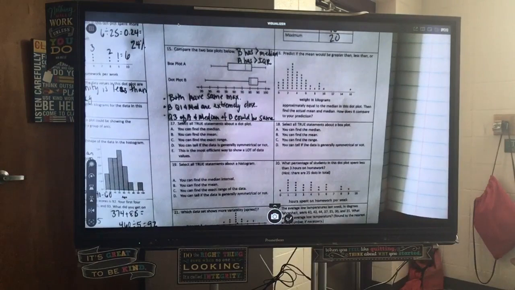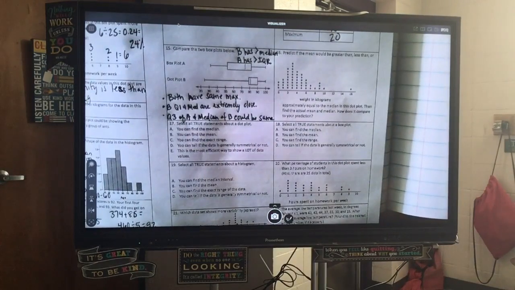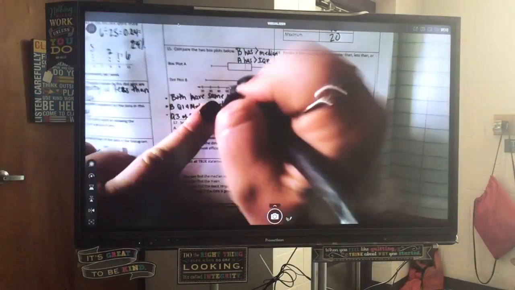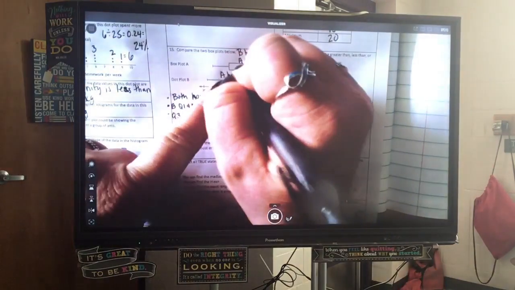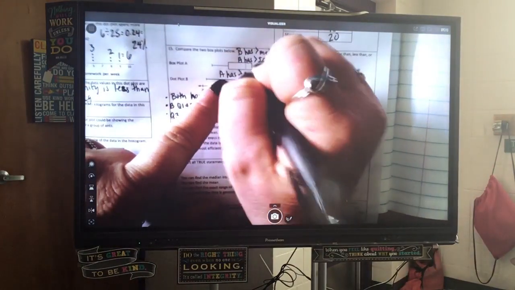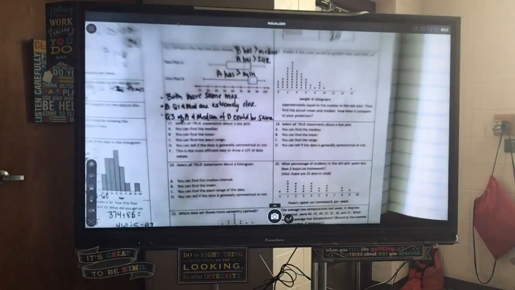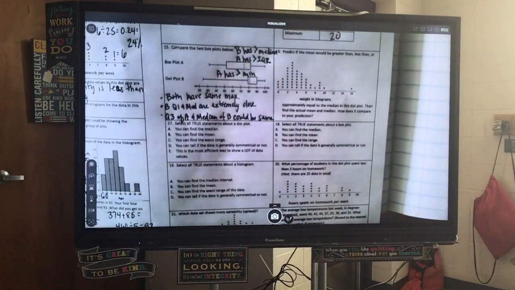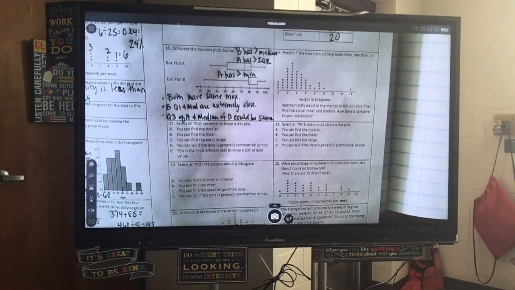Okay. So lots of good observations. Again, there's no right or wrong with this one, it's just showing that you understand.